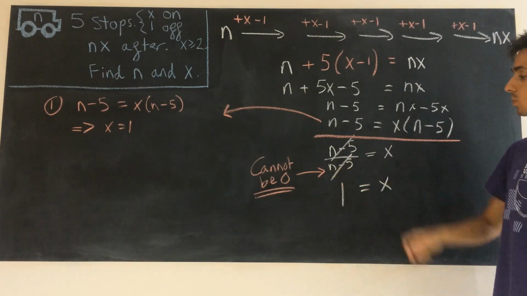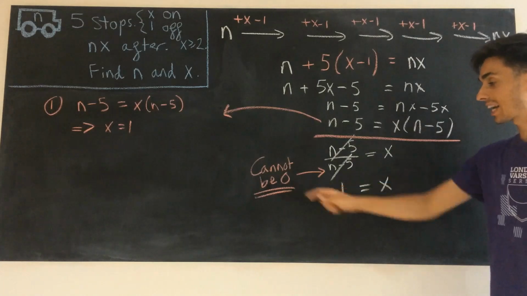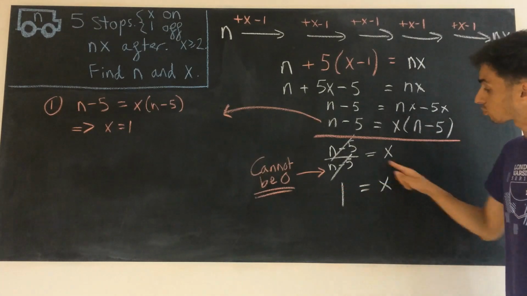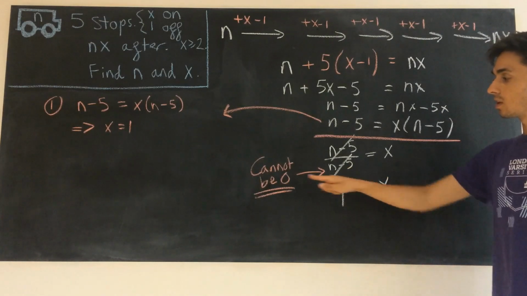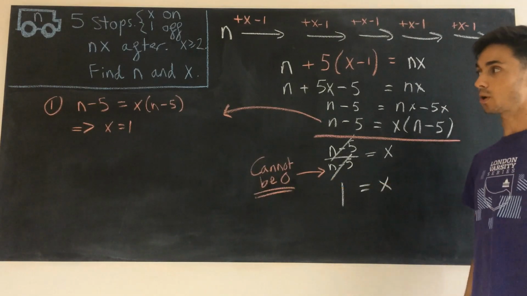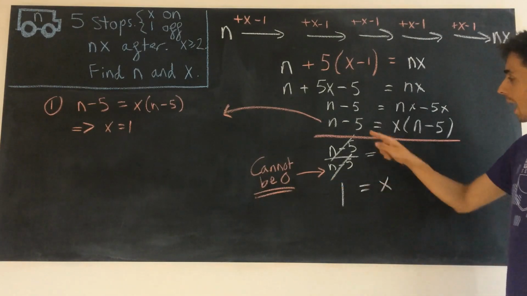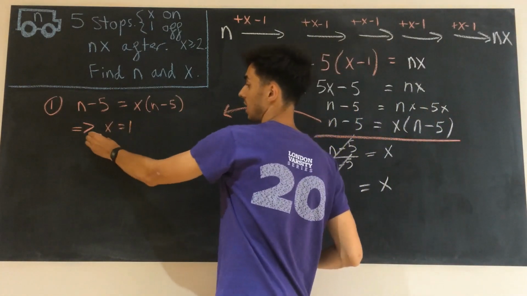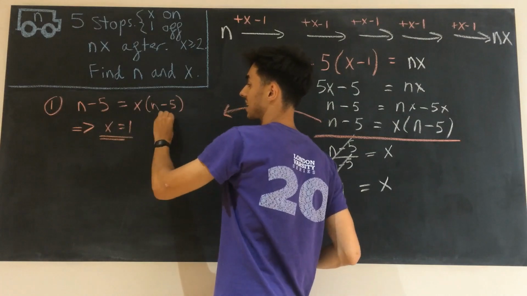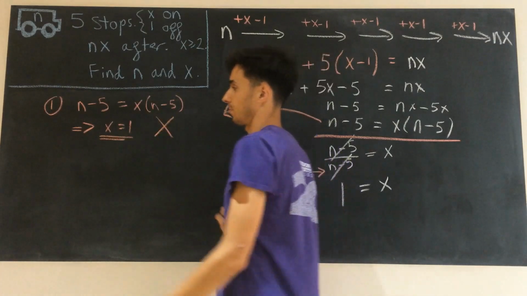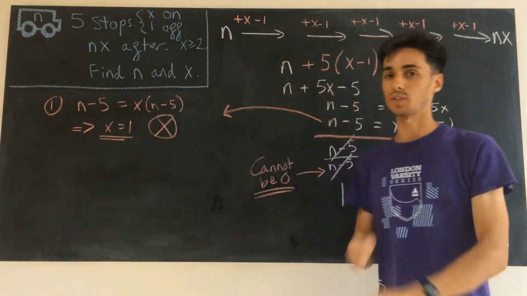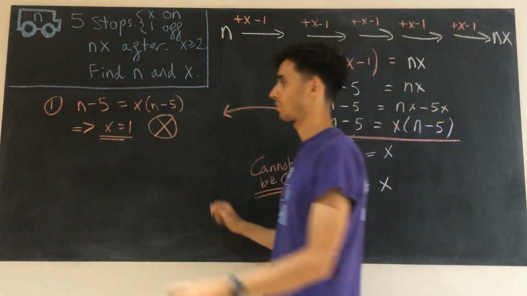We divided through by n minus 5, that cannot be 0. But because something broke in our problem, this must have been 0. Let's look at what happens if this was 0. Because this answer here, x equals 1, is clearly not right. I'm going to put that x in a circle as in, no, we cannot do that.